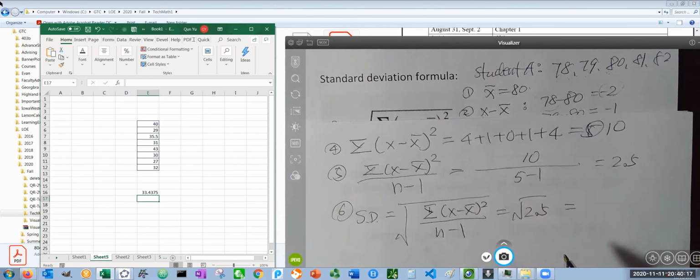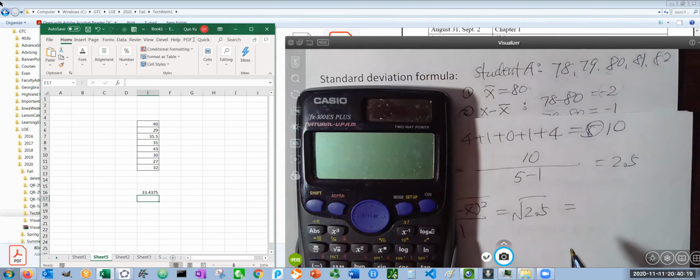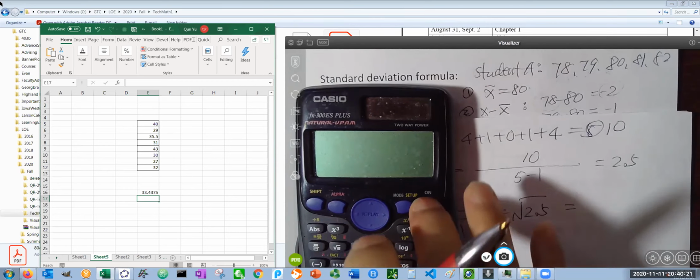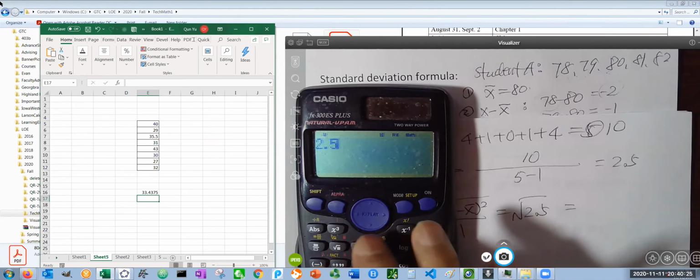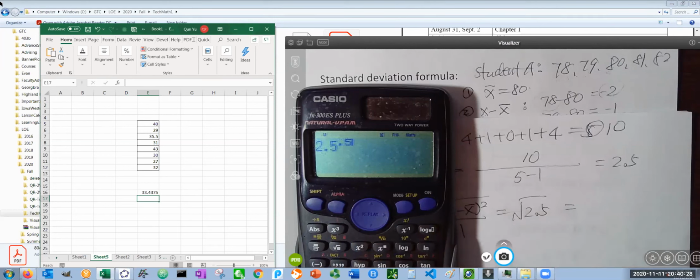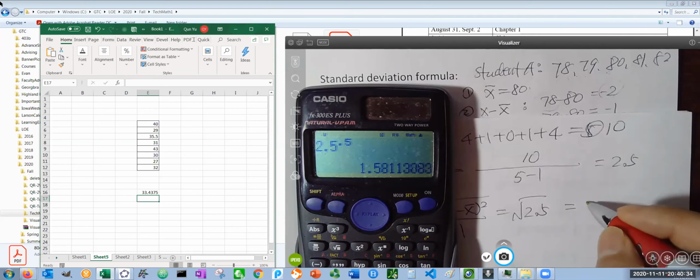Let's see what we get. We just take one decimal digit. The square root of 2.5, which is half power, you do it using your calculator, and we get 1.58. Let's do two digits, 1.58.